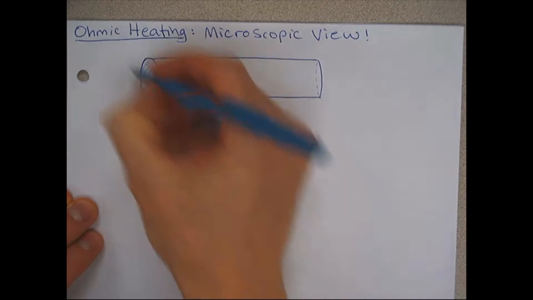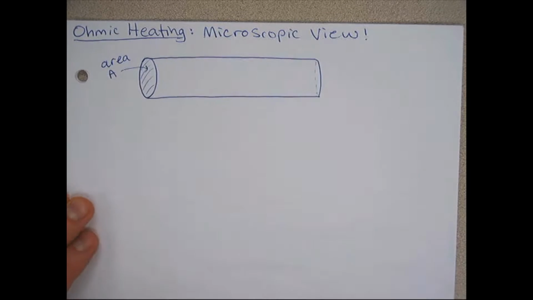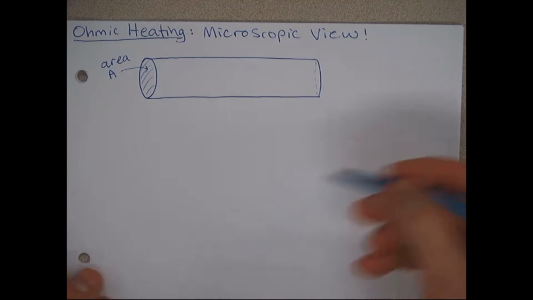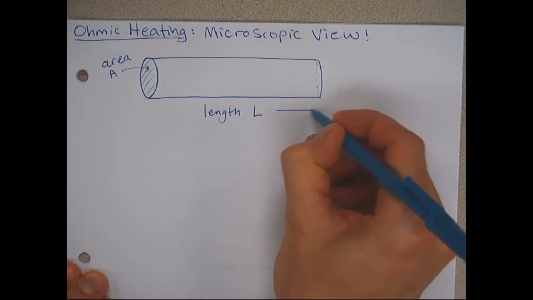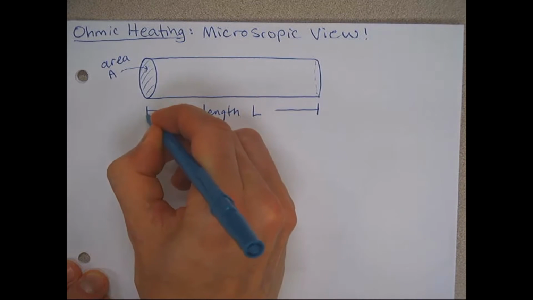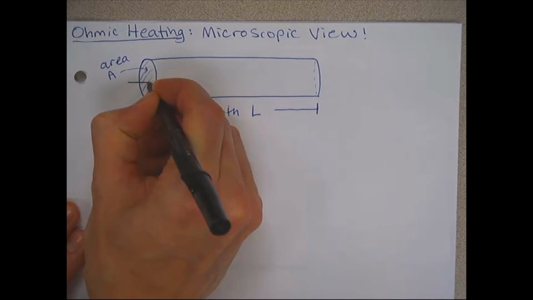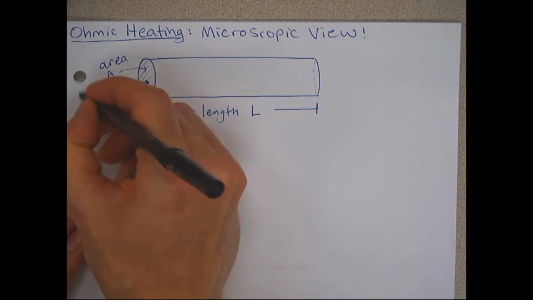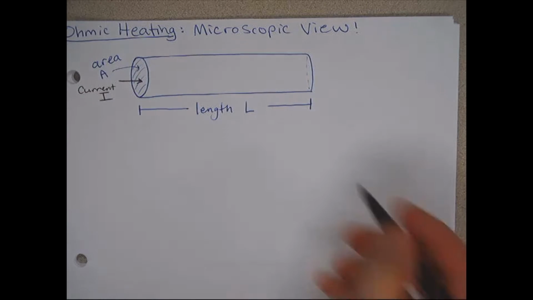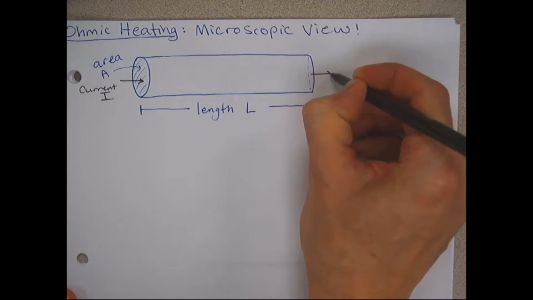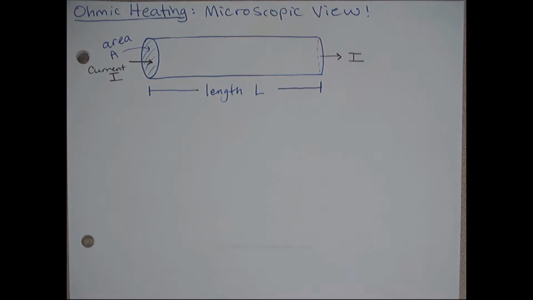We'll keep the cross-sectional area A, the way we've defined it in the past, and the length of this piece of wire, capital L. And what we want to do is pass a current, say left to right through this wire. This will be a constant current or a DC current, I.